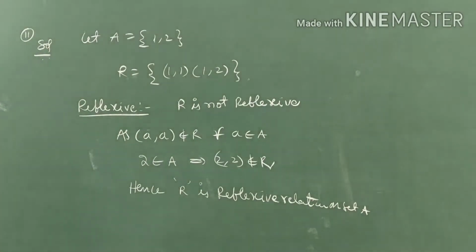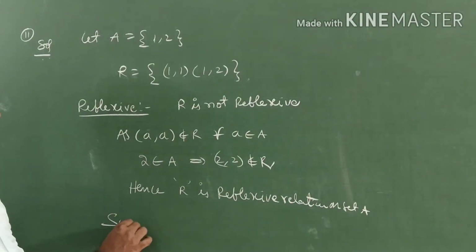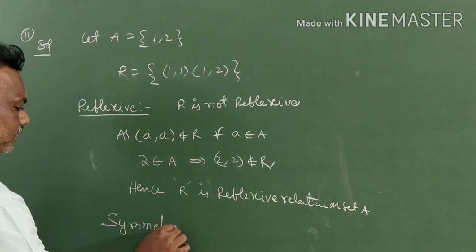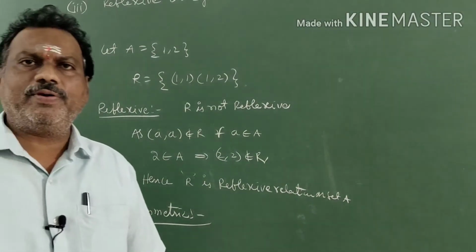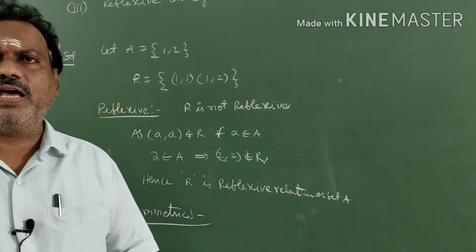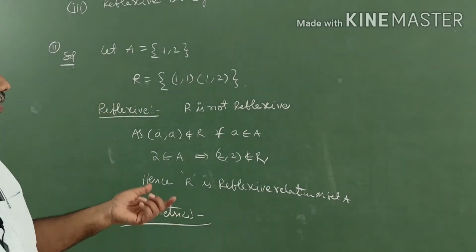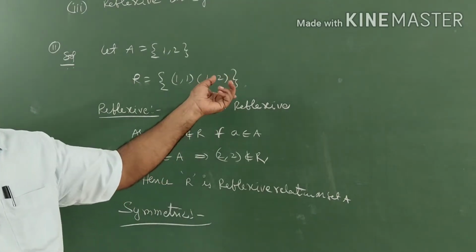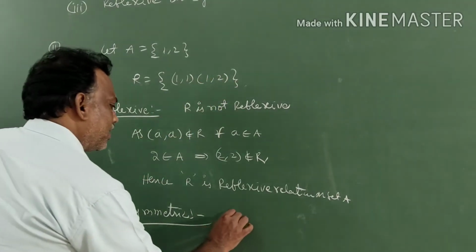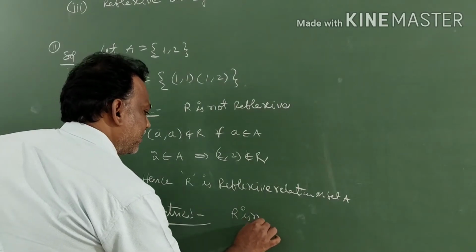Now we have to check the symmetric. According to the definition of symmetric, if ordered pair (a, b) belongs to R, there must be (b, a) also. Ordered pair (1, 2) belongs to R, but (2, 1) is not there, so it is not symmetric. So we have to write R is not a symmetric relation.